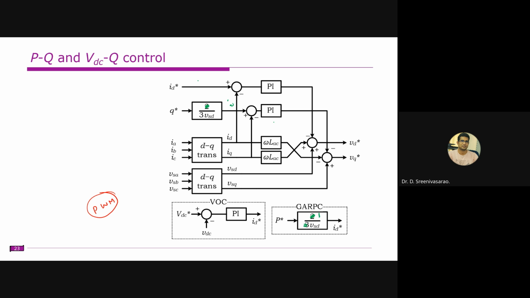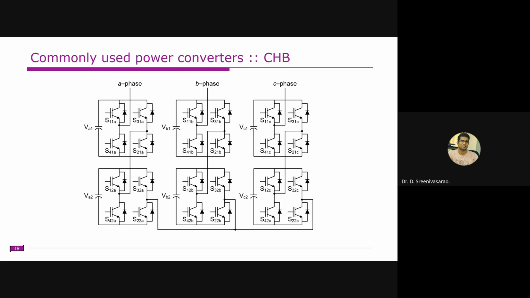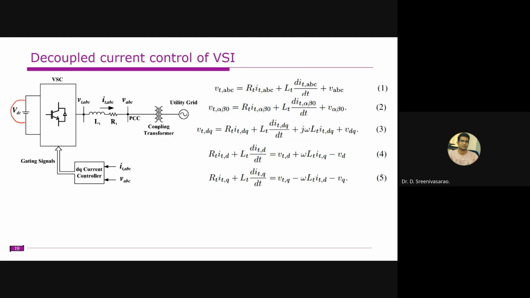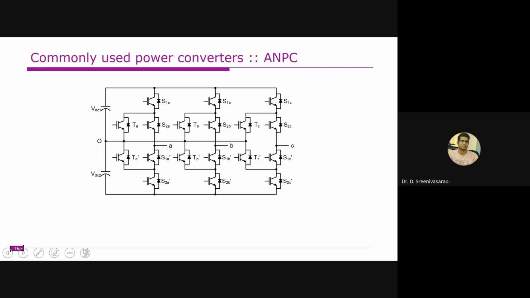Another important thing is that so far you have only one DC source. Let us assume this is a three-level inverter; now you have two DC sources. If you want to control the DC link voltage, you need to control these two capacitor voltages.